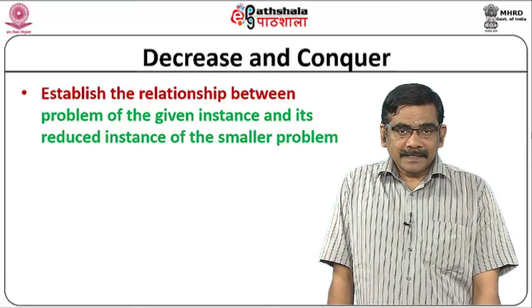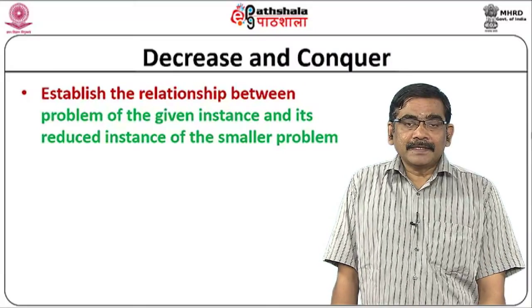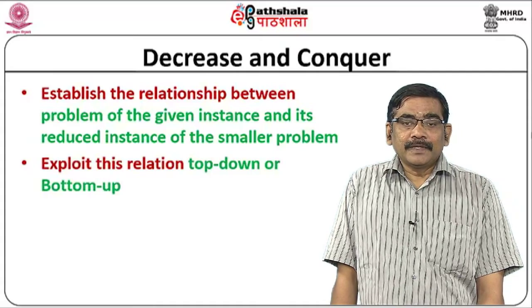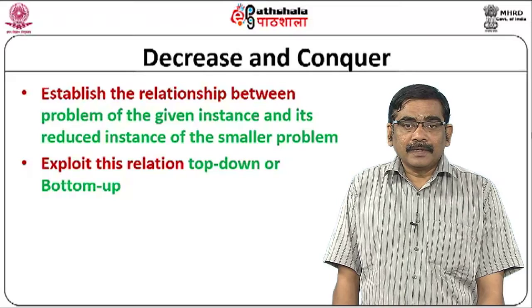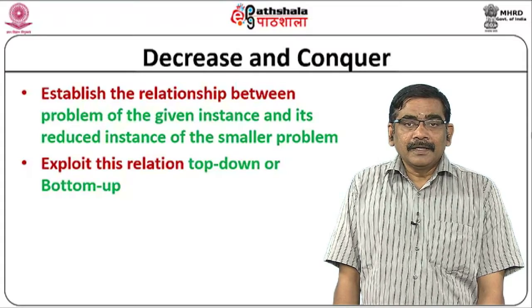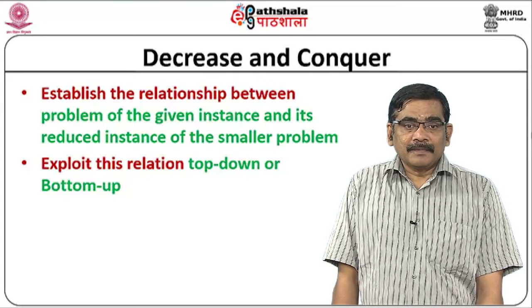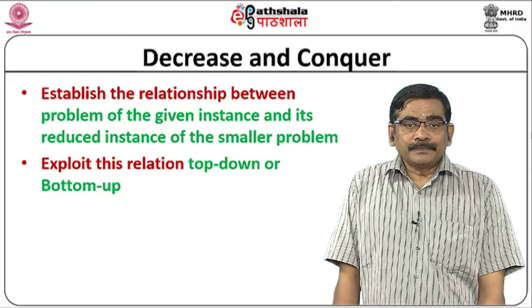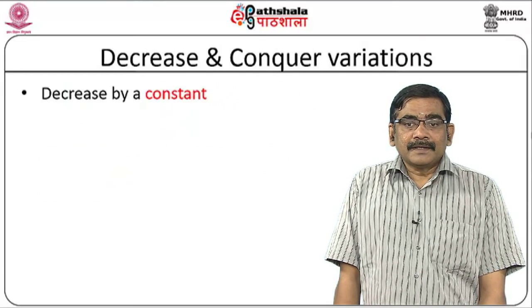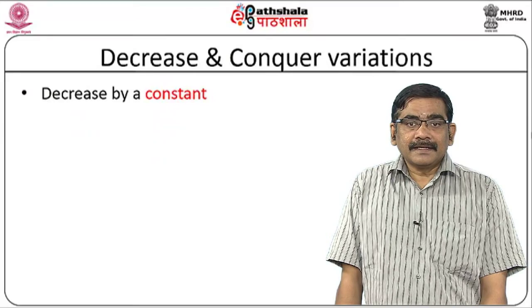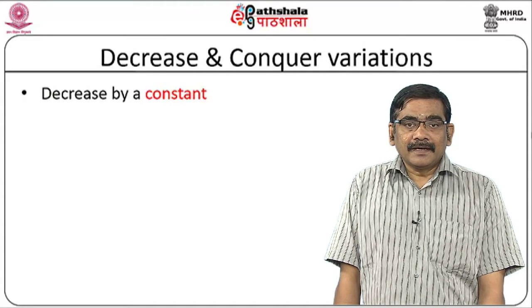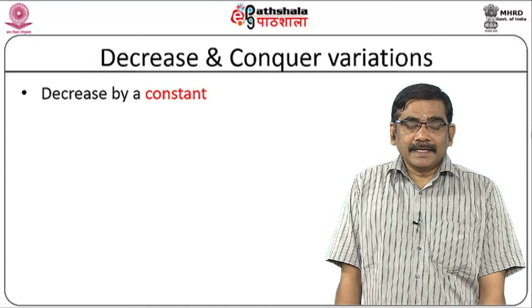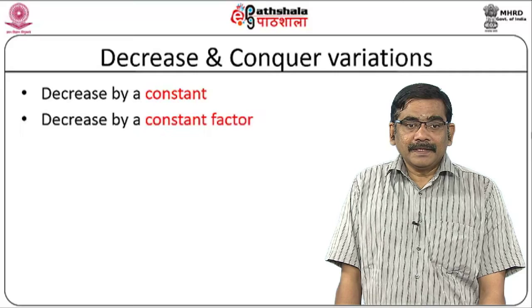Once this relationship is established, we exploit it in a top down or bottom up manner to solve the problem. We have seen that many variations exist, like decrease by a constant, like a power n is equal to a into a power n minus 1.